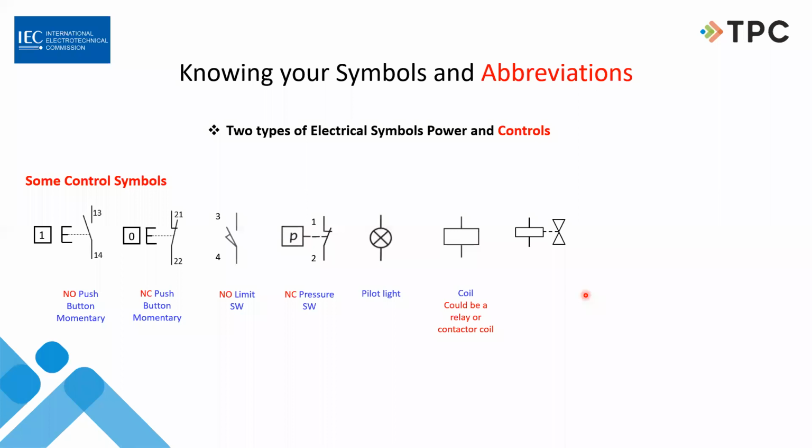It could be air, could be hydraulics, water, but it will say next to it what it is. But this also typically has an A1 and an A2. A2 is always down here. A1, remember we talked about source coming in here. So the source comes in, and then the other side is load or back to neutral or back to our source of power.